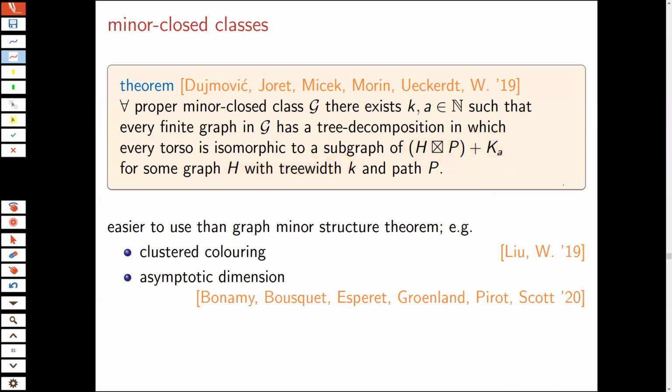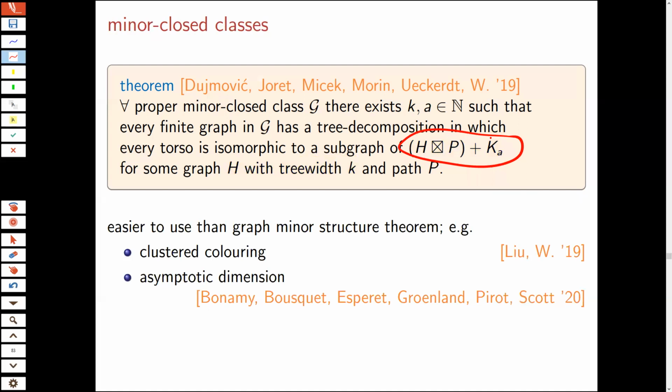But this theorem at least eliminates the vortices and all the topology, and all you have to deal with are these very nicely structured graphs of the form bounded tree width times a path, complete join to a bounded set of apices. And you can see that this is useful, and it's an easier approach than applying the graph minor structure theorem. And here are two papers that have used this approach.